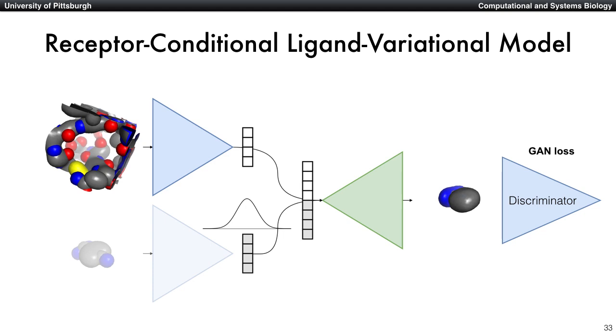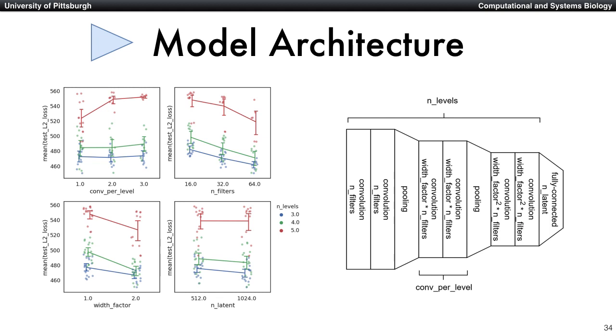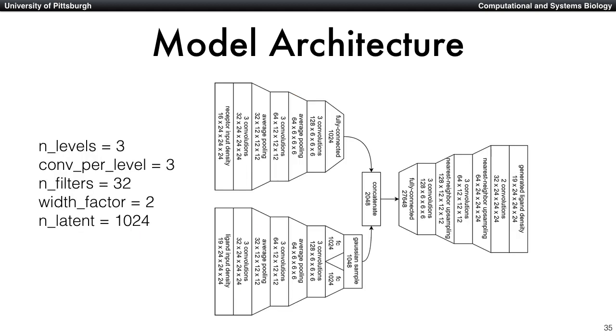And that's where you use this concept of a GAN loss, right? Where you have to have a discriminator to basically evaluate, are these realistic looking ligand poses, right? And so you can put this all together. The architecture, we did some hyperparameter searches, you end up with 3 multi-convolutional levels, and you put them all together like this.